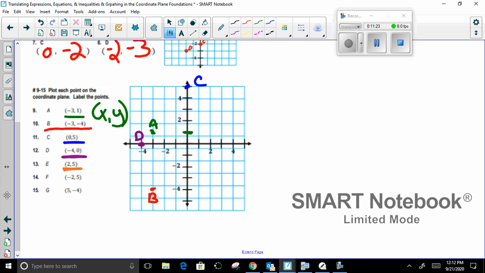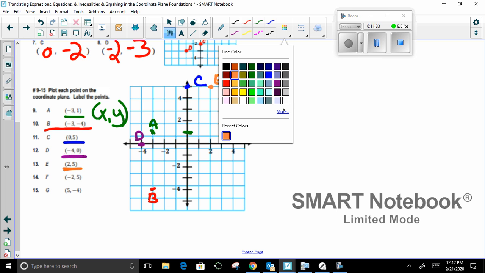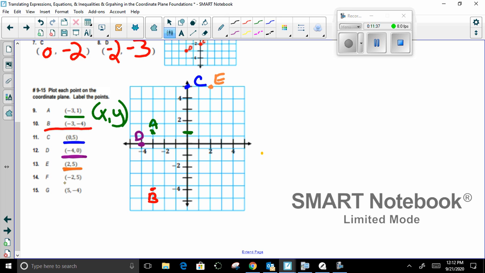E, (2, 5). 2 on the x-axis means I go horizontally right. 5 on the y means I go up. F, (-2, 5). So -2 on the x-axis means I go horizontally to the left. +5 on the y-axis means I go up 5.